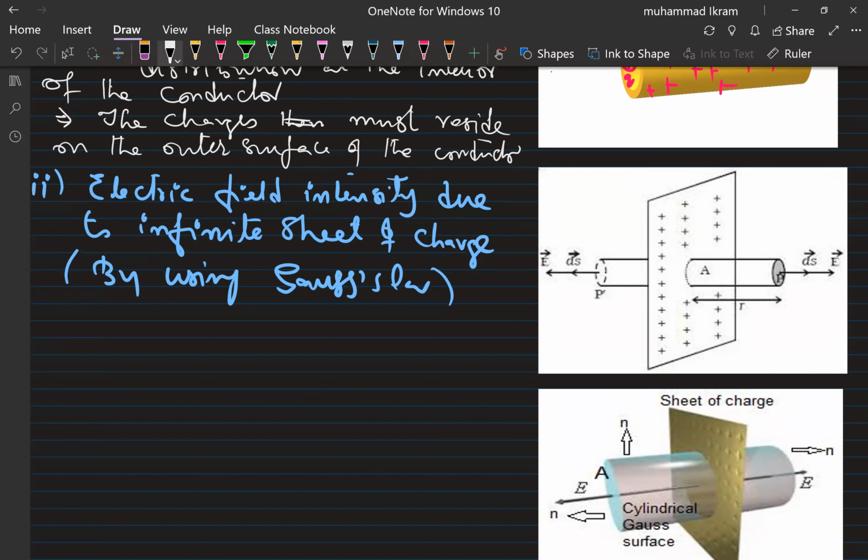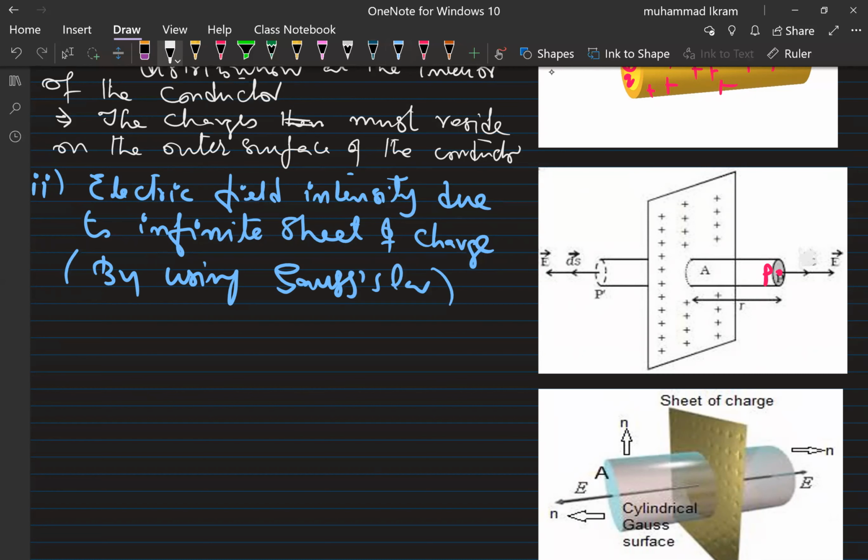See here. First of all, look, if we have the infinite sheet of charge as you see, and I want to calculate the electric field intensity at this point P. Let me erase this.